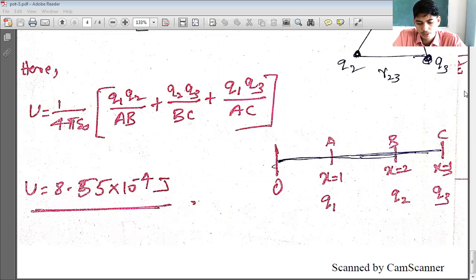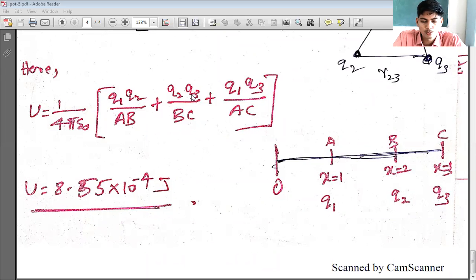What is the distance between Q1 and Q2? Q1 Q2 divided by AB means the distance between A and B. The distance between A and B is 1 centimeter.